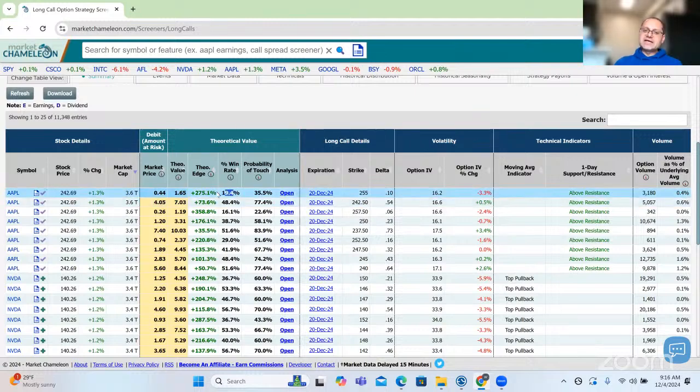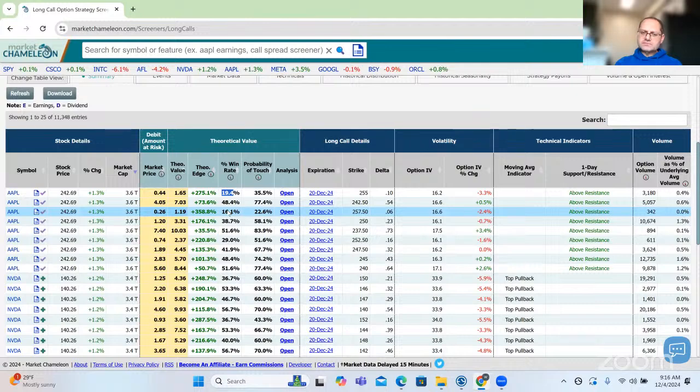That says 19.4%. So you could see it's not frequent. It's not 99%. It doesn't happen that frequently, but it doesn't happen infrequently either. Almost 20% of the historical observations, it's done that.